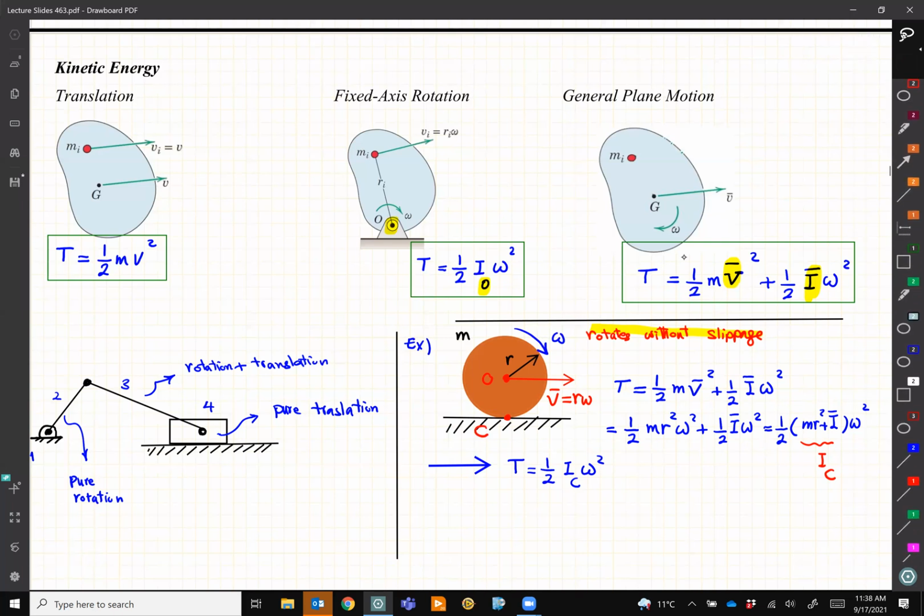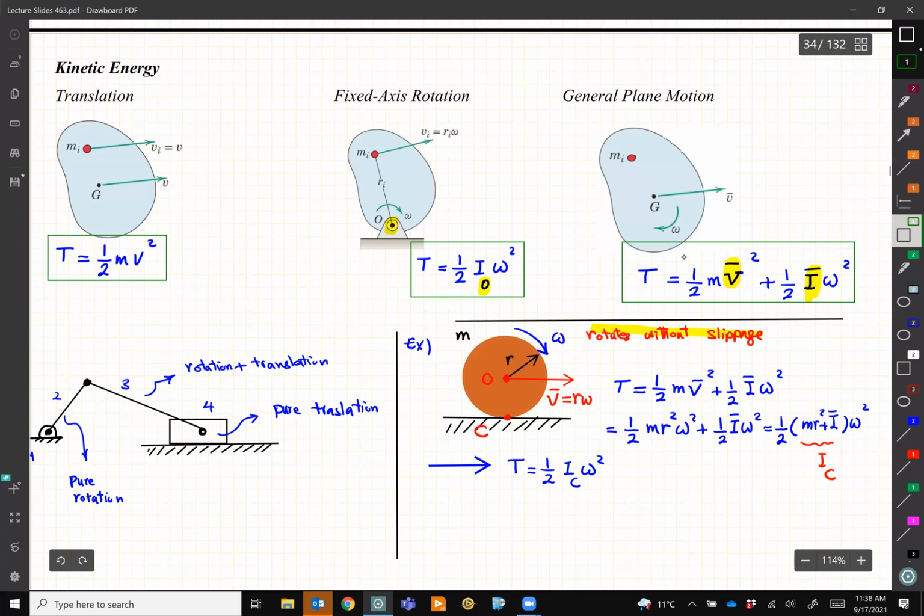And this is true only if the disk does not slip. It's pure rotation without any slippage.